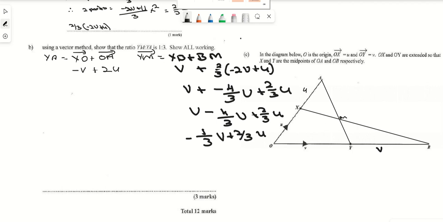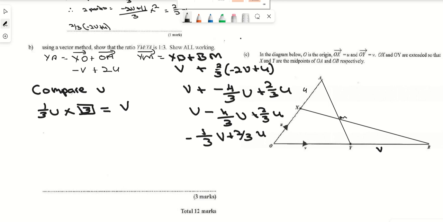So what you're going to do is first compare the V's and compare the U's. So we're going to compare your V. We're going to take the smaller version. Always take the smaller number first. So it's 1/3 V, multiplied by something will give you V, so that would be 1/3 V multiplied by 3.